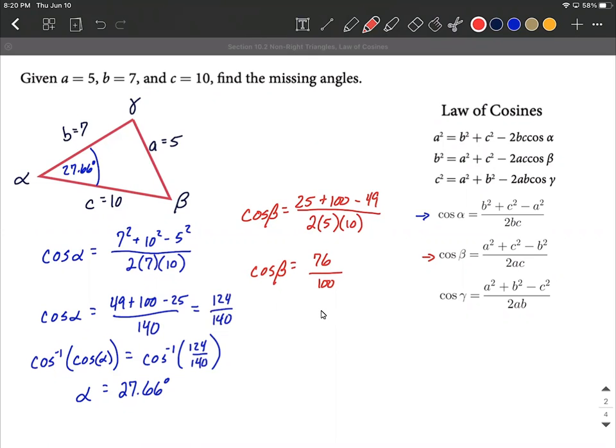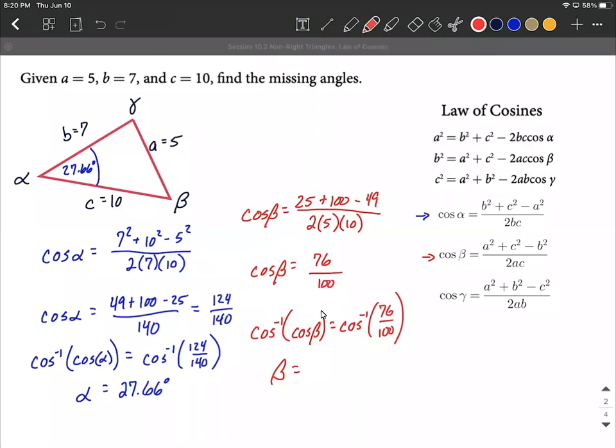Pretty similar solving this, where we apply a cosine inverse to both sides because beta is inside of the cosine function. So do it to both sides, 76 divided by 100 on the inside here. That'll give us beta is going to be, again, second cosine of 76 divided by 100.